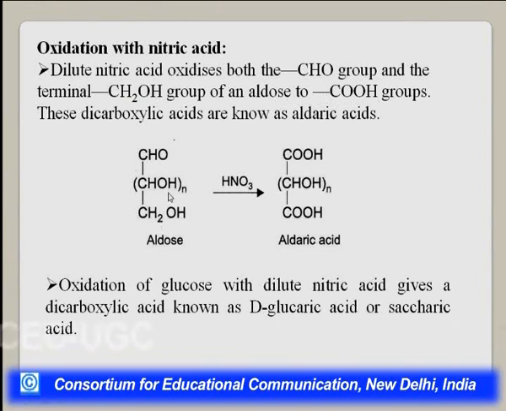When both the terminals get oxidized to carboxylic groups, the product is generally known as an aldaric acid. For glucose we say glucaric acid, for fructose we say fluoric acid. So these dicarboxylic acids are known as aldaric acids. Oxidation of glucose with dilute nitric acid gives a dicarboxylic acid known as, as I told you, D-glucaric acid or saccharic acid.